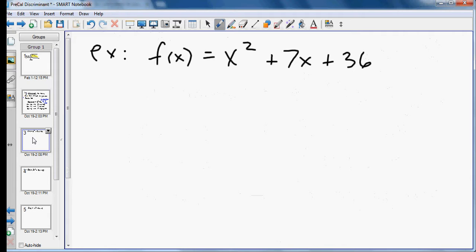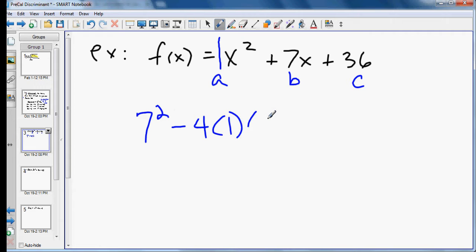First step is to make sure we know what a, b, and c are equal to. A is the coefficient in front of x squared, so that's 1. B is the coefficient in front of x. C is the 36. So the discriminant is b squared minus 4ac.